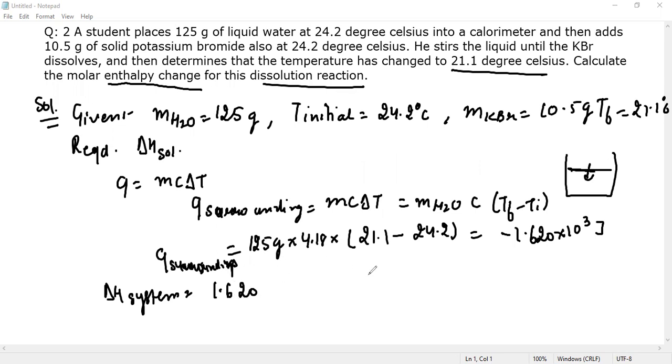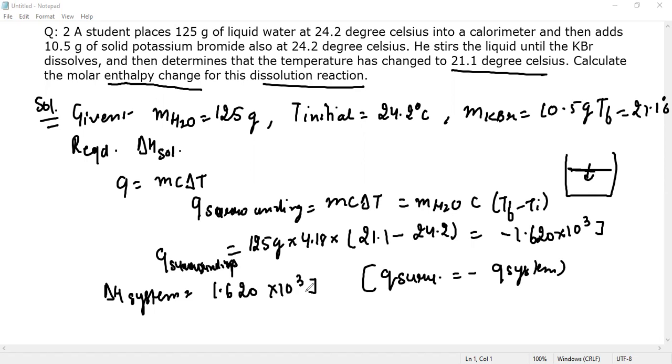You already know from a previous online lecture, Q surroundings is equal to negative Q system, right? So when you put this number here, the negative signs cancel, and delta H system will be 1.620 times 10 to the power 3 joules. So this is your enthalpy that is related to the system.